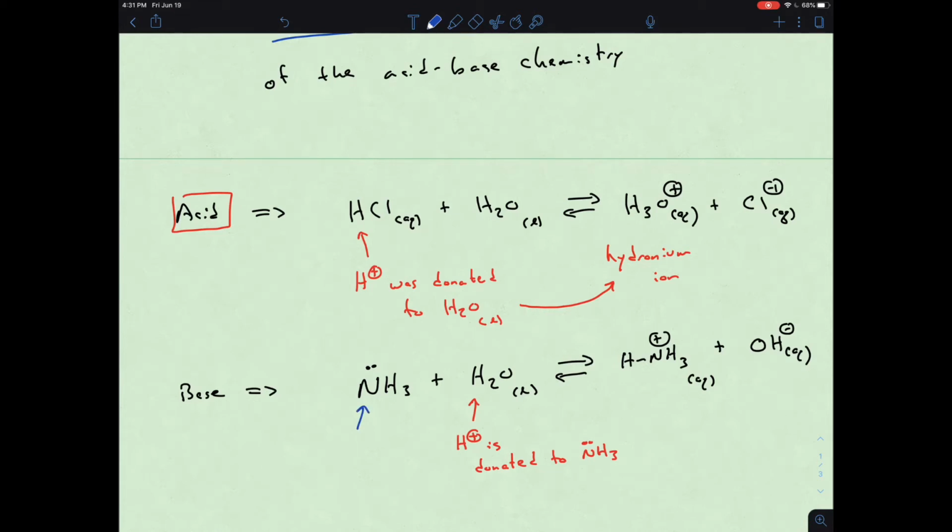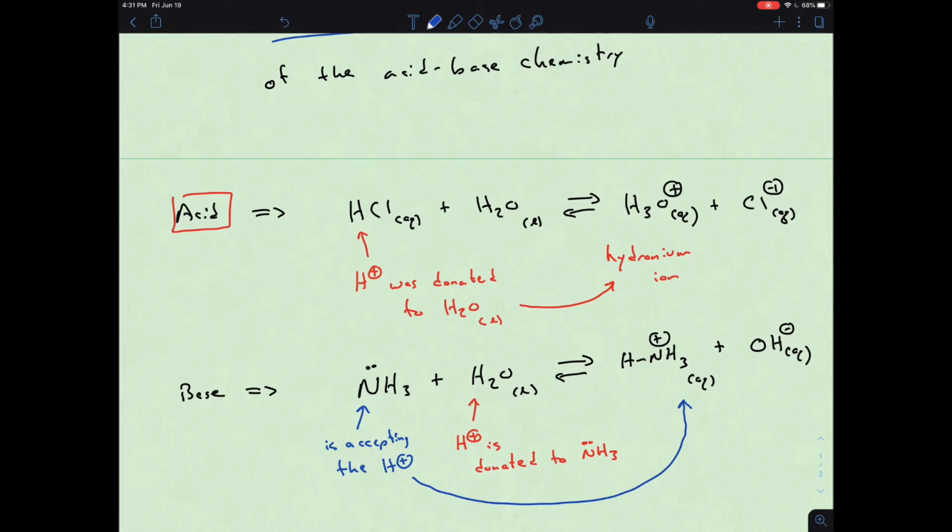So our nitrogen is accepting the proton, and that's what makes our ammonium ion. One of those hydrogens from the H2O is the new hydrogen that I'm trying to represent, so it's a different hydrogen than the original three.